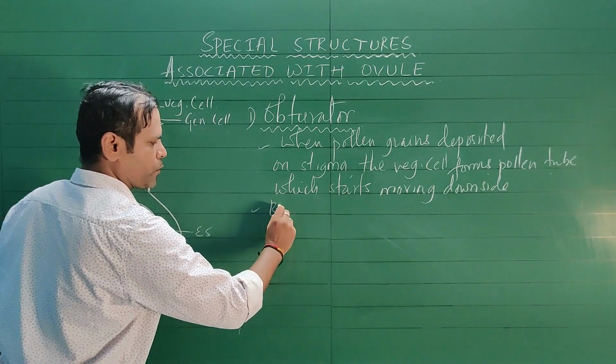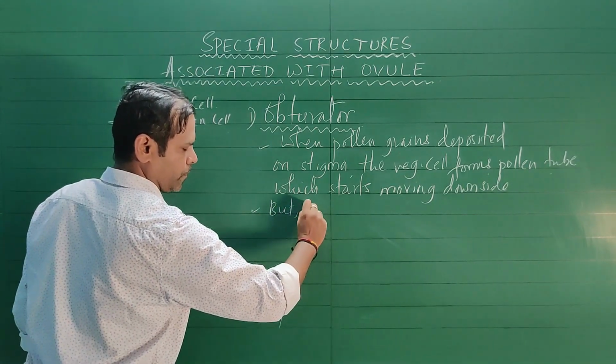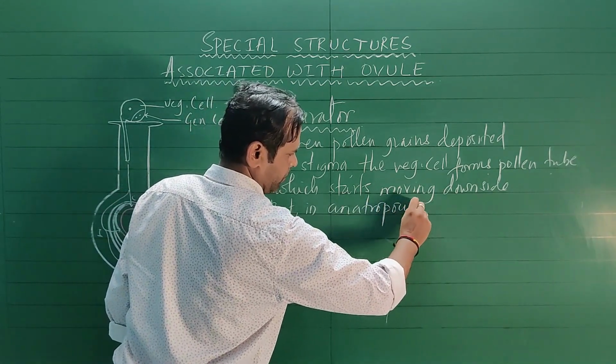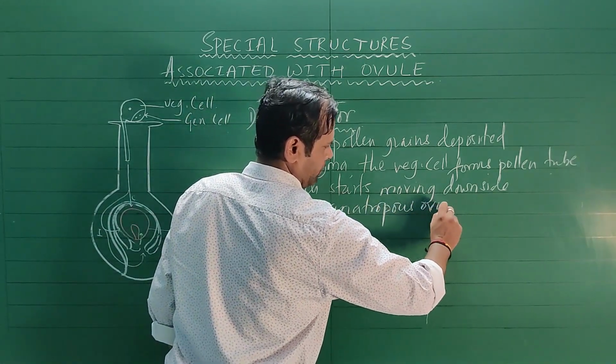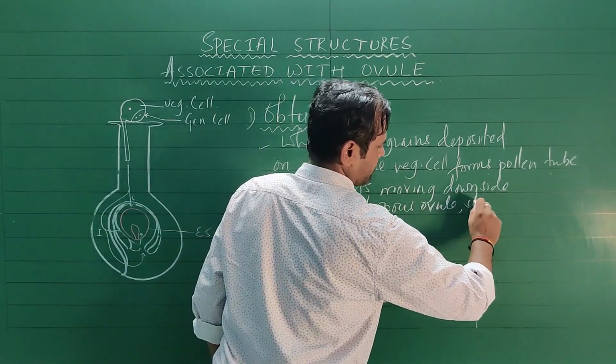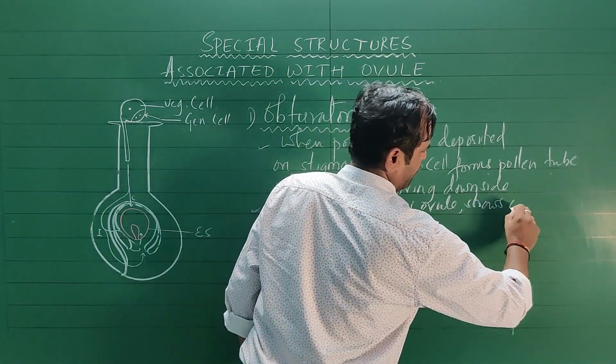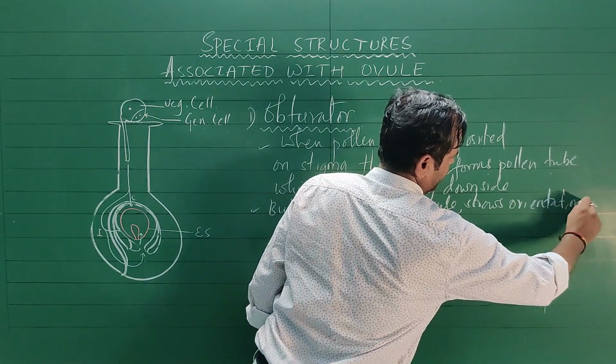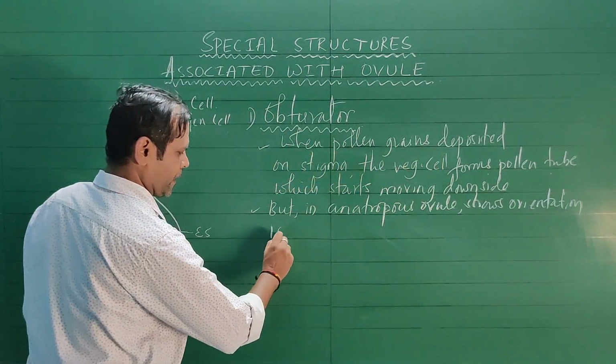But in anatropous ovule, it shows orientation, curvature, 180 degree.